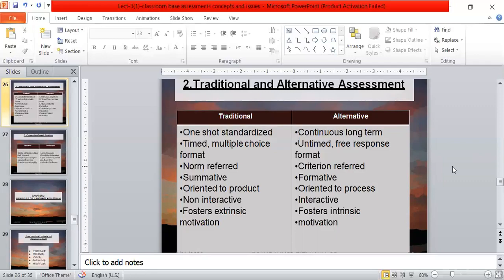Traditional assessment style fosters extrinsic motivation of the learners, whereas to foster the intrinsic motivation of the learner, the assessment persons have to go through the alternative style of assessment.